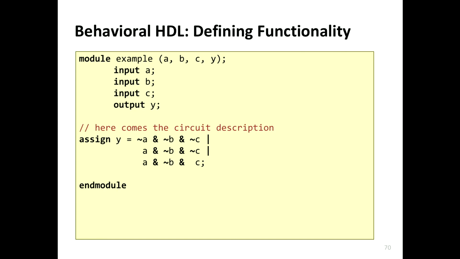You have inputs A, B, and C. Let's mark it very clearly. And then you have output Y, right? And then you assign Y to be... are you familiar with this representation? No. Okay.